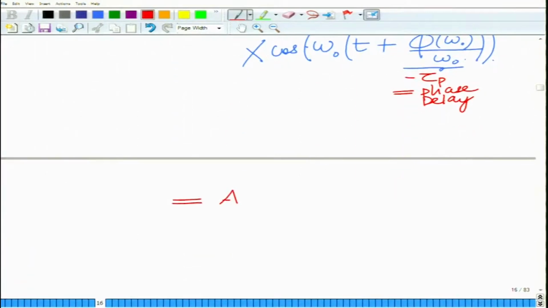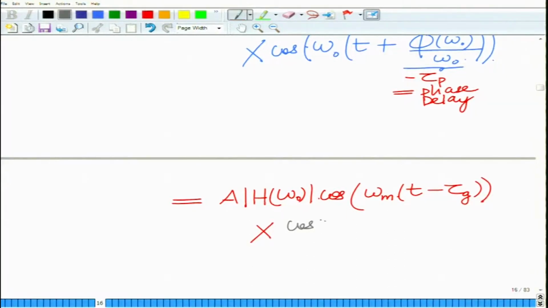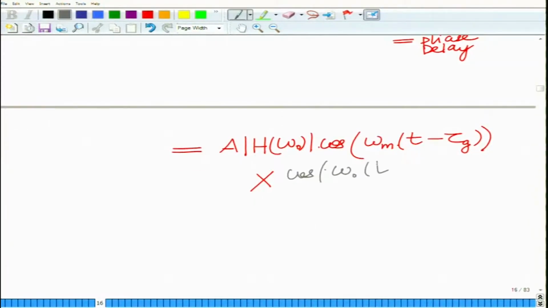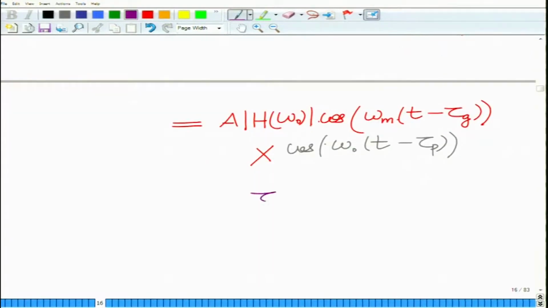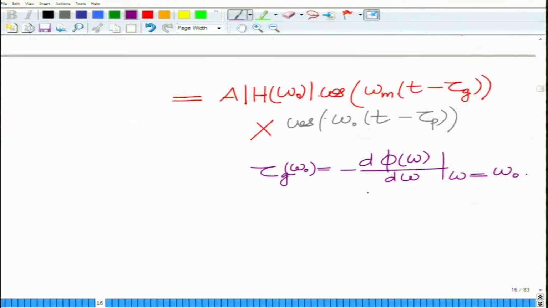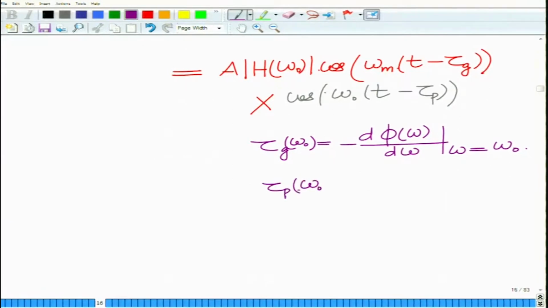So, you can write this resulting output as A magnitude h of omega naught cosine omega m t minus tau g, where tau g is the group delay, times cosine of omega naught t minus tau p, and therefore, tau g is the group delay, minus d phi omega over d omega evaluated at omega equal to omega naught, that is your group delay, and tau p of omega naught equals minus phi of omega naught divided by omega naught.